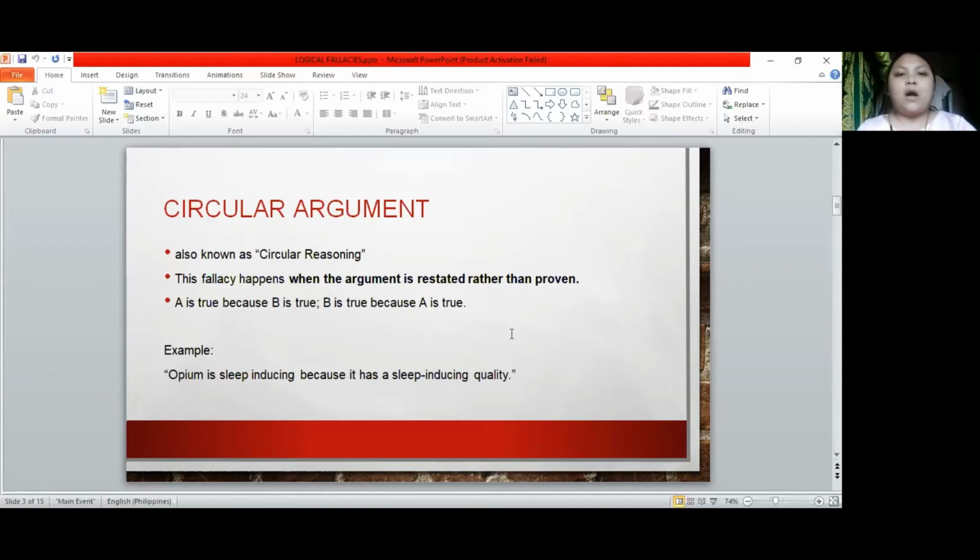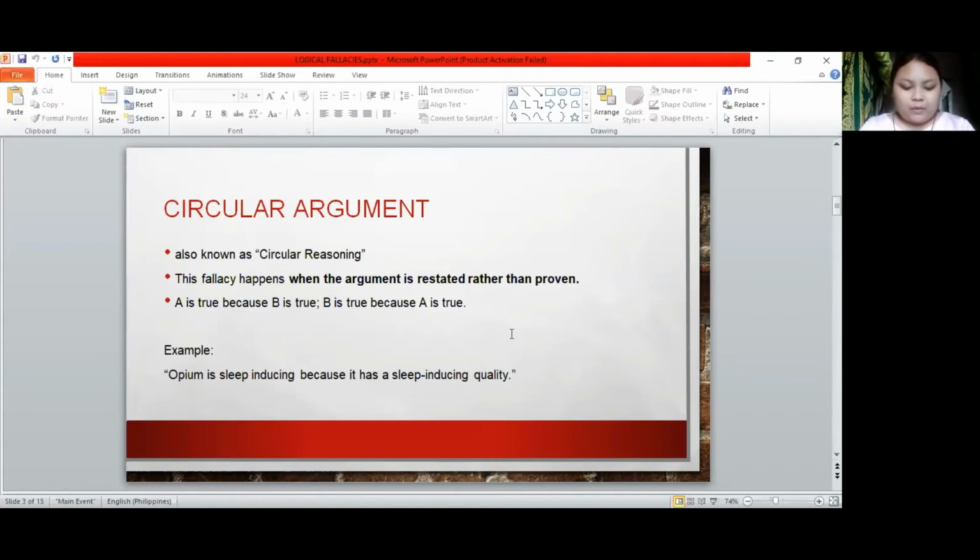Based on that example, it does not show why opium is sleep-inducing. It just restated that opium is sleep-inducing because it has a sleep-inducing quality. So this fallacy follows the formula of A is true because B is true, and B is true because A is true. Alright? So another example, I have my notes with me because a while ago I searched for some examples from the web.